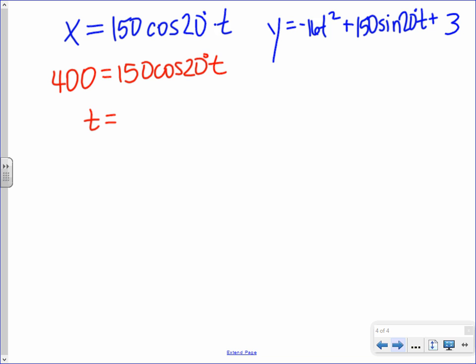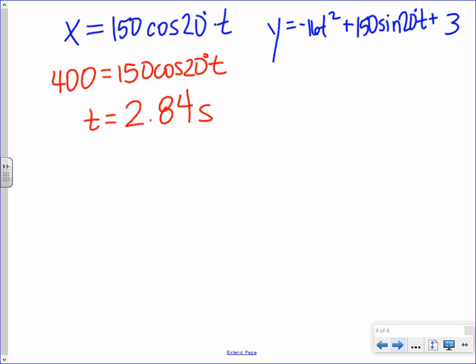So what time does that happen at? 2.84 seconds. Okay, that's how long it takes to reach the fence. So now if we can determine the height at that moment, we can figure out whether it's hitting the fence or going over the fence.